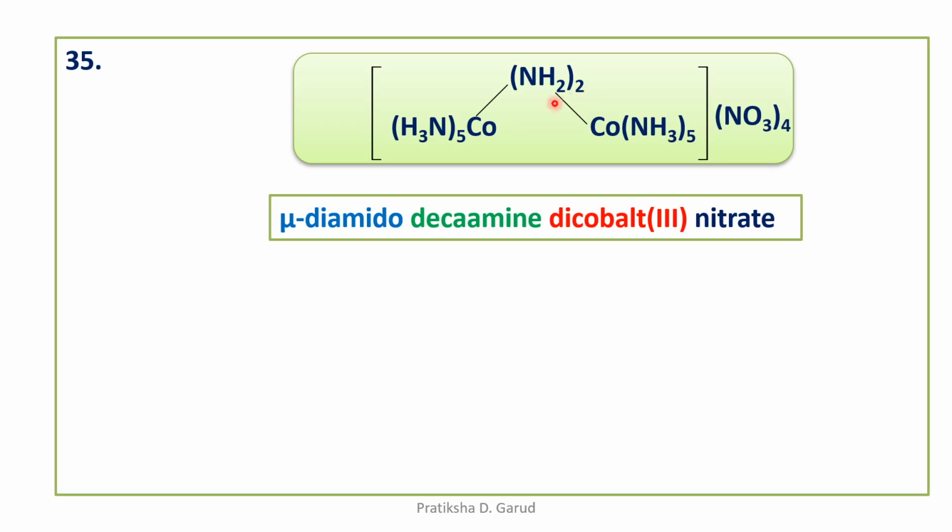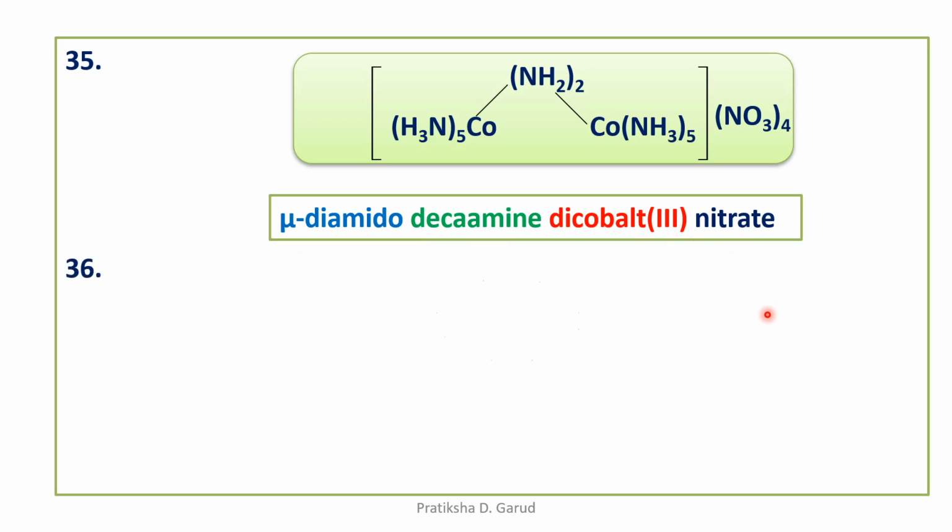There are two amido groups which are bridged, therefore it is a mu diamido. Then deca, deca means 10, decaammine, then 2 cobalt, therefore dicobalt with oxidation state +3, and outside the square bracket it is nitrate. So it is mu diamido decaammine dicobalt(III) nitrate.